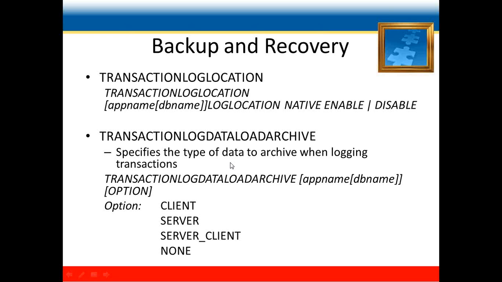This can be data loads from client, data loads done using server, data loads using both server and client, or data loads using none of these options. After enabling this setting, you can see that the data load transaction logs will be archived for the option that you provide with this setting.